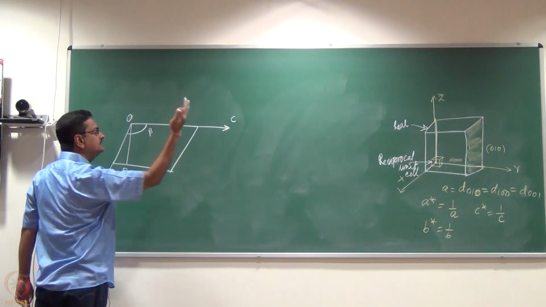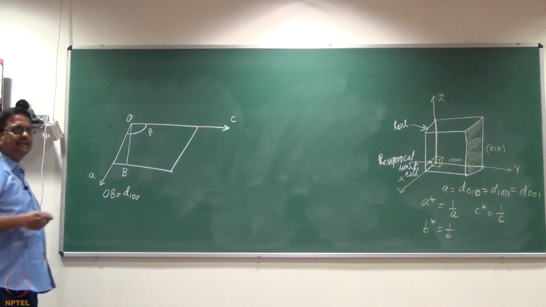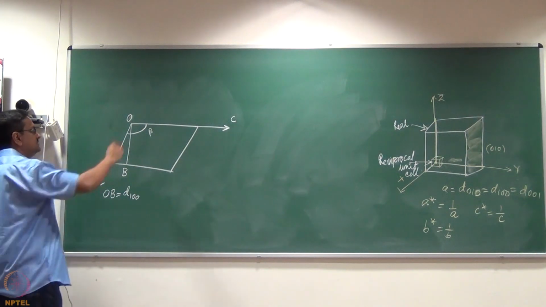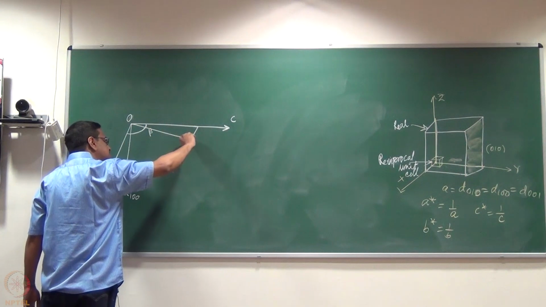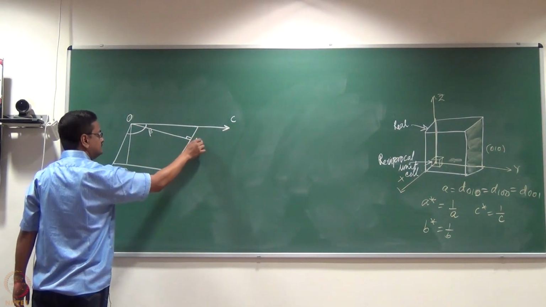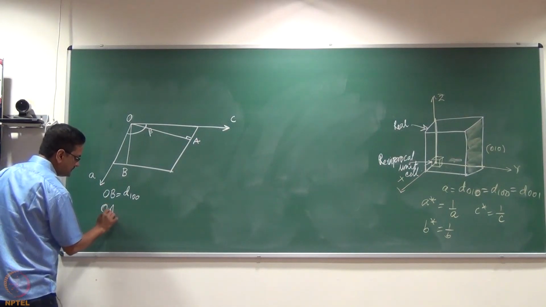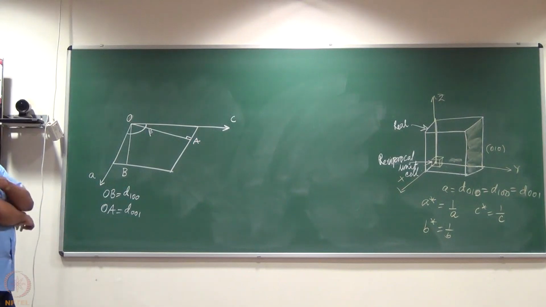This plane cuts C at 1 but is parallel to A and B. That is 001.